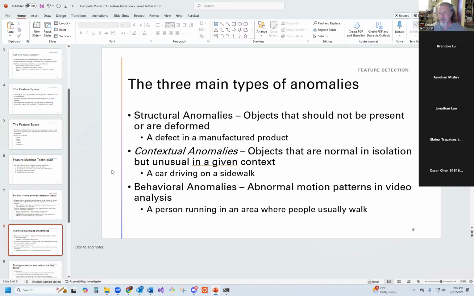That's something we'll talk about at the very end when we do some 3D applications. But in general, while we're talking about feature extraction and classification, we're going to be talking about it in a contextual way.